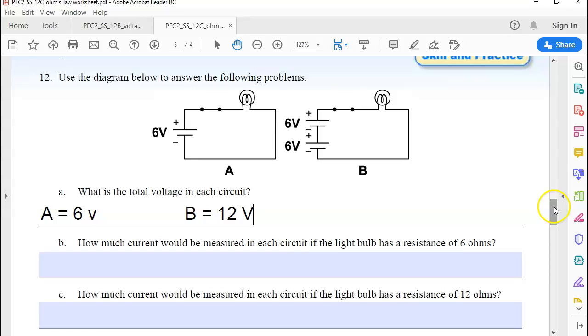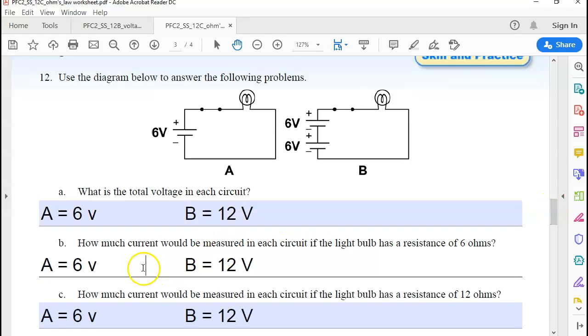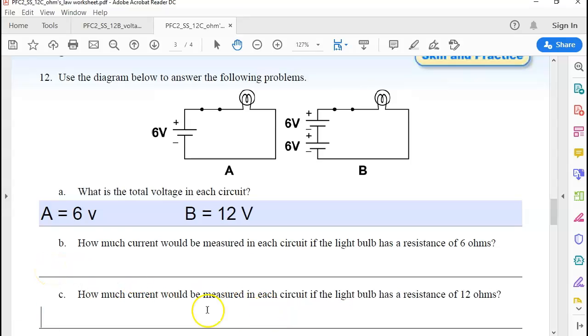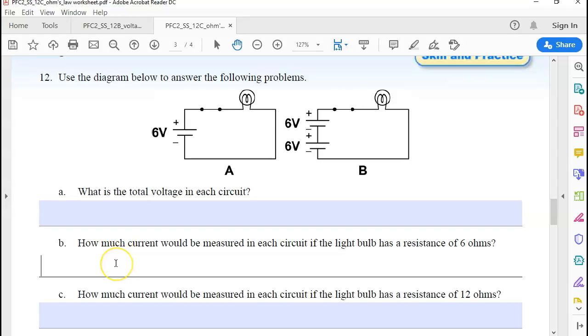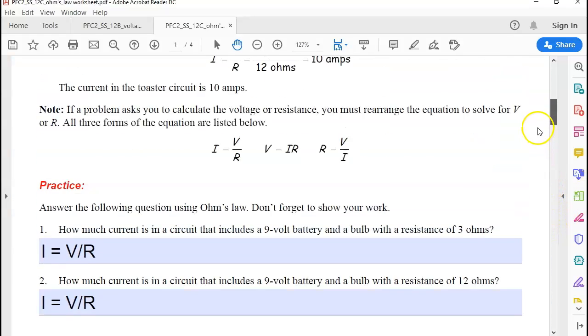Okay. Now the current, remember we have our formula. Our formula was current equals voltage divided by resistance, right? If you're not sure, like, oh wait, what was it? We can go back.